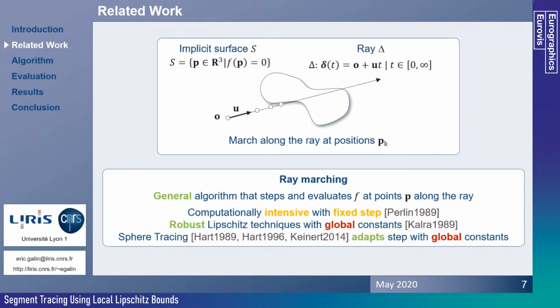Contrary to ray marching, the algorithm uses adaptive steps and provides an exclusion criterion to avoid stepping through the surface by accident. One limitation of this method is that it relies on a global Lipschitz bound only, which reduces the overall performance. This is a serious drawback, and this is what we address in our work.